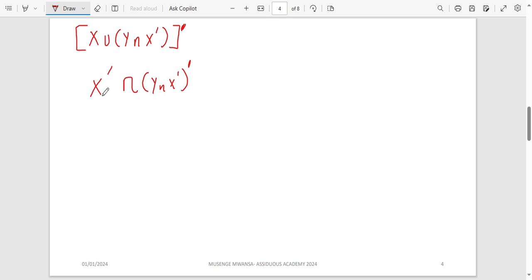Now, after that happens, the next thing is I'll start dealing with this part alone. Hope you can see that. I'm going to distribute that complement, so it becomes x complement intersection. I'll distribute the complement, remember, to these guys which are inside, the two of them.